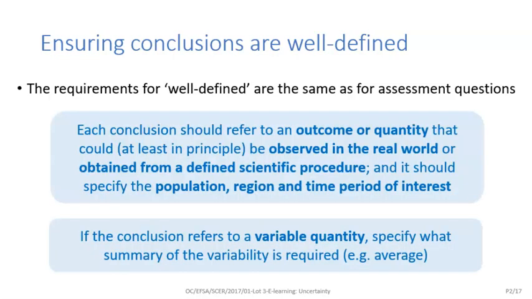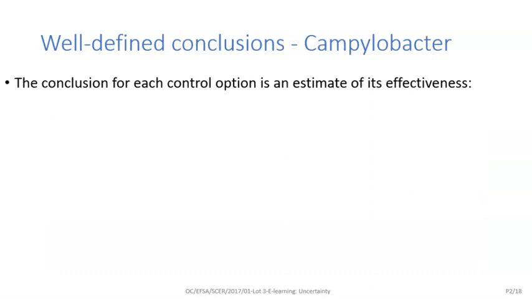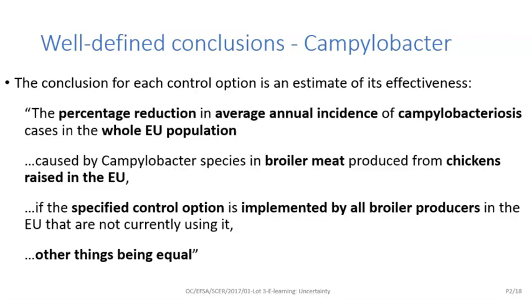The requirements for well-defined conclusions are the same as for assessment questions, which we saw earlier. In the Campylobacter opinion, the conclusion for each control option is an estimate of its effectiveness. This estimate is defined by the assessment question, which, as we saw earlier, specifies the quantity to be estimated and the population's region and time period to be considered.